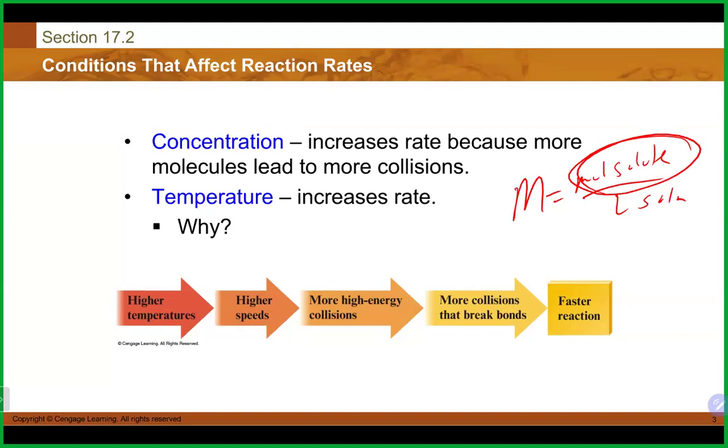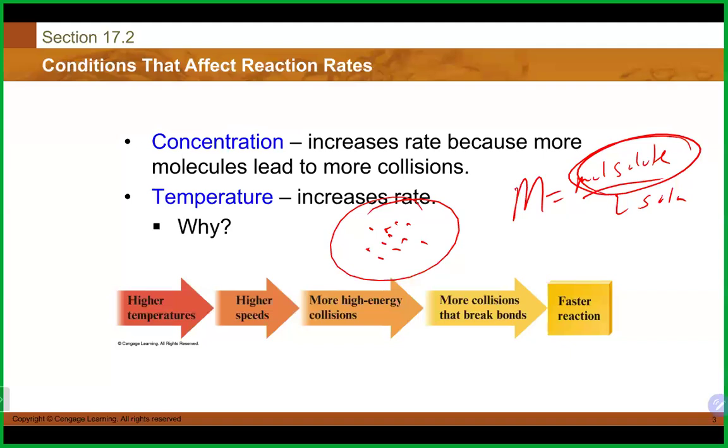If you have a very high concentration, that means you'll have a lot of solute molecules in that solution. Because there are a lot of molecules floating around, there's a pretty good chance they're going to come in contact with each other and initiate a reaction.